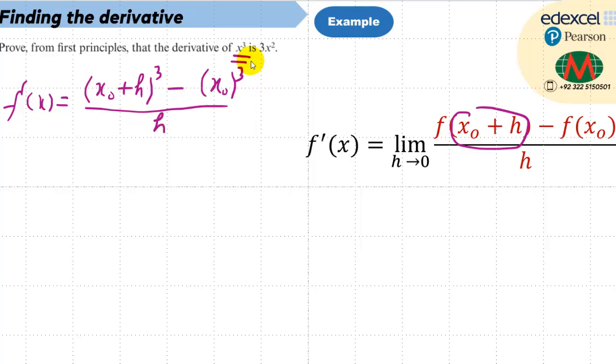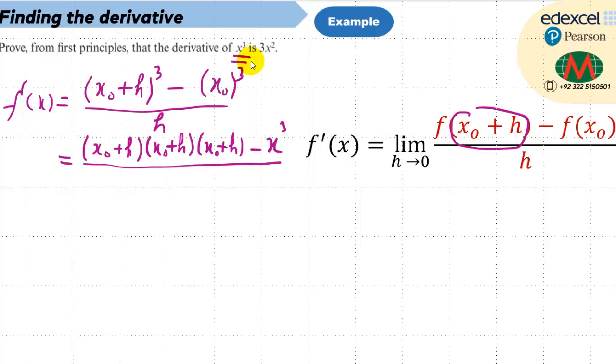Now we just simplify it. X cube, this one, we can write like this: x naught plus h times x naught plus h times x naught plus h, because it is cube, it will multiply 3 times, and x cube here divided by h. Now I will expand this.